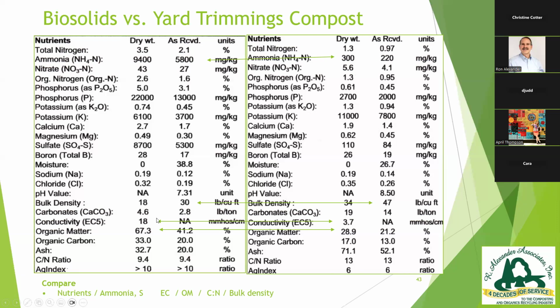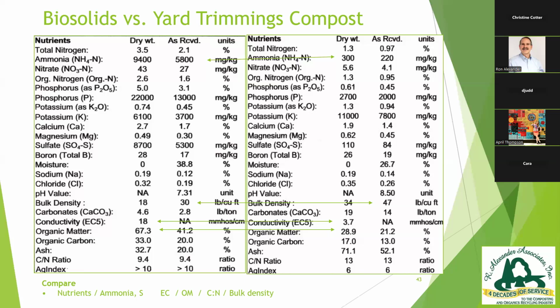And look how that affects the conductivity. You see me circling the salt content? Ammonia is a fake salt. It's a transitional salt. It's not a true salt. And when there's high ammonia in these materials, it drives up the salt content. But once it stabilizes in the soil or converts, that salt content goes down.